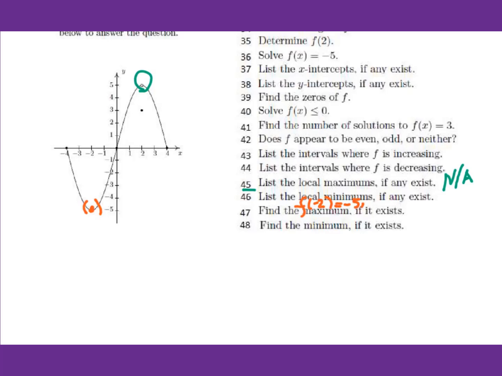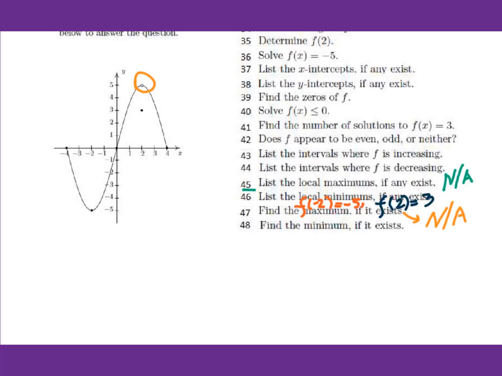And also, this point is a local minimum because for this open interval, these points, 2, 3 is a local minimum. So we write down f of 2 equals 3. We don't have a maximum because this is an open circle.